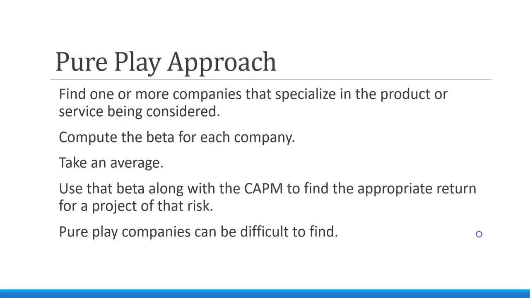In that case, the WACC doesn't work because it's not our current operations. So we would want to find companies that are already doing that and take an average of the betas for that company. Then we would use the beta along with the capital asset pricing model to find the appropriate return for a project of that risk. It can be difficult to find pure play companies, however, because if we're launching something that's never been out on the market before, there aren't already companies for us to compare to.